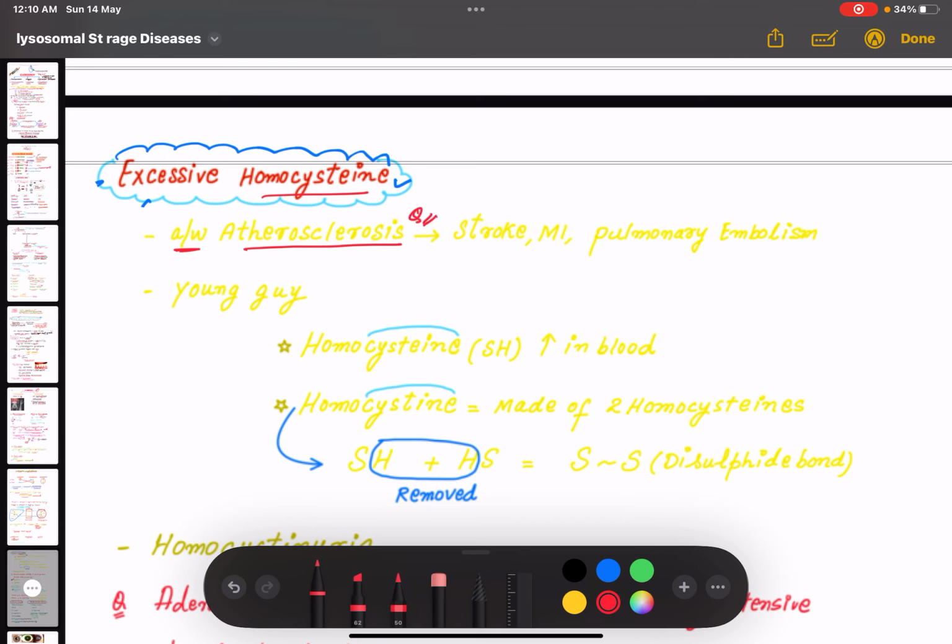Very important, can be asked in the exam. Suppose in question they are giving the history of stroke or MI or pulmonary embolism, and if in option they give excessive homocysteine levels in the blood, you can mark that. And you will be given a young guy who is having stroke or MI or pulmonary embolism, go for excessive homocysteine levels.